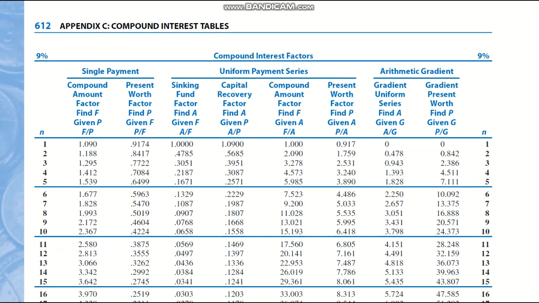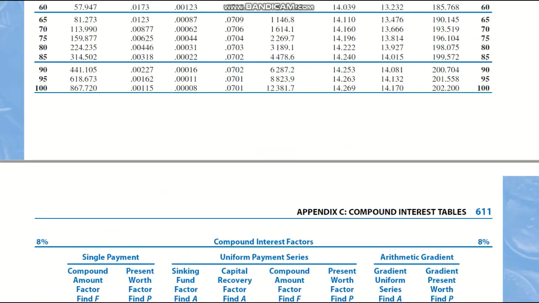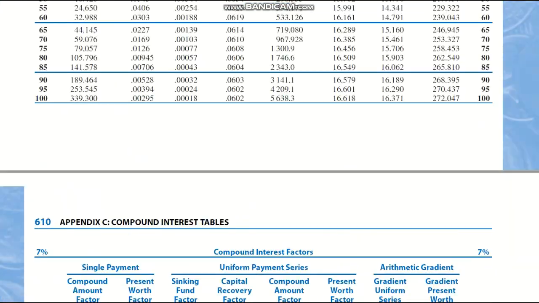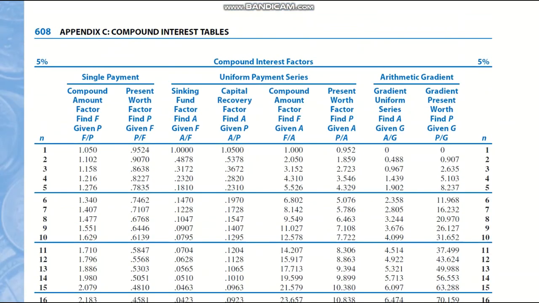So this is 9, I need to go up till I catch up 5%. So it is here, 5%. With 5% and 5 years, this is where I need to look for P over A and P over G.